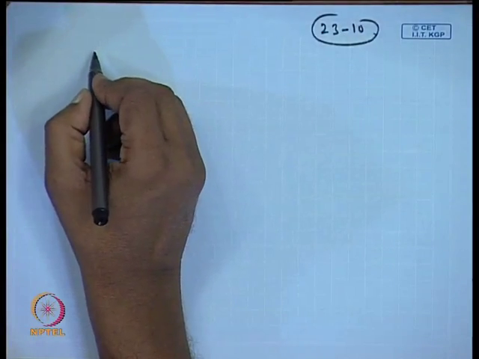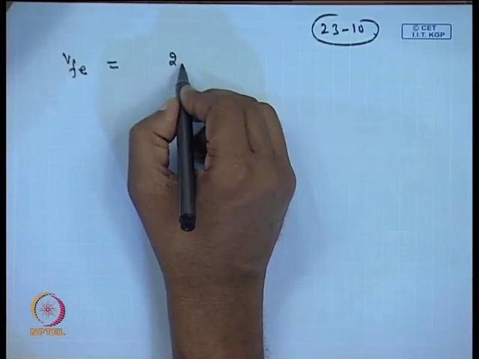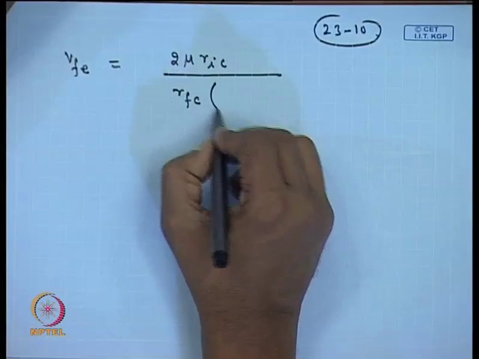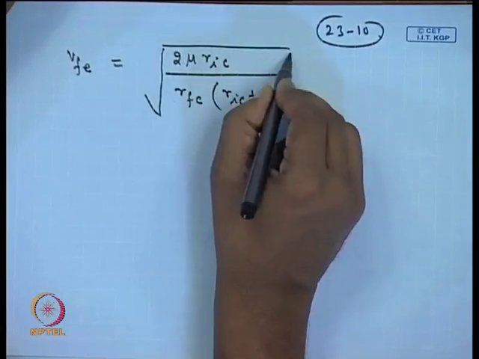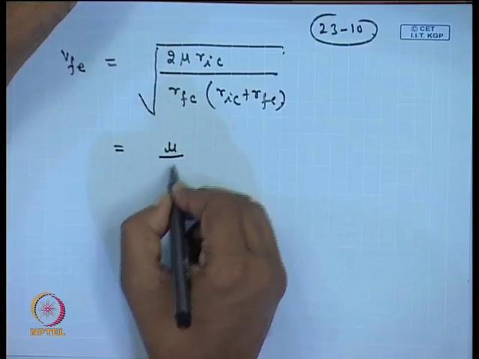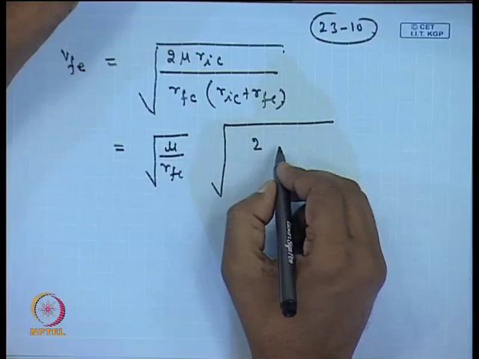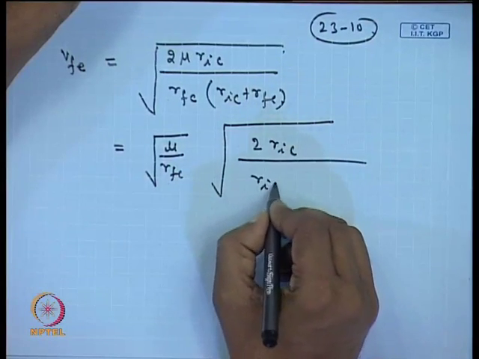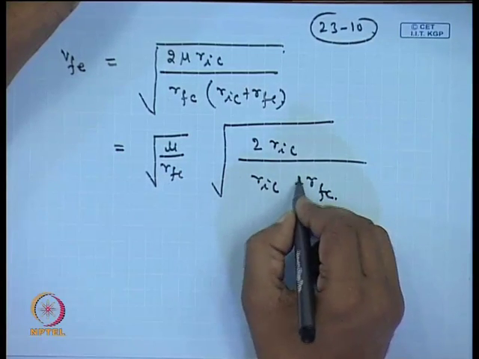So, what we do here now, V f e we can simply write as the square root of 2 mu times R I c divided by R f c times R I c plus R f c, and mu by R f c we will take outside. So, this is mu by R f c, let us write it in this fashion, and this becomes 2 R I c divided by R I c plus R f c.